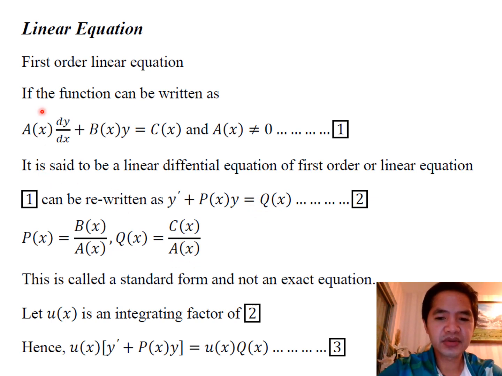If you can rearrange the first form, the first ODE, into the second form, which is y prime plus p(x) times y equal to q(x), this is a very important one, where q is a function of x only and p is a function of x only, then we can use the linear equation method to solve it.